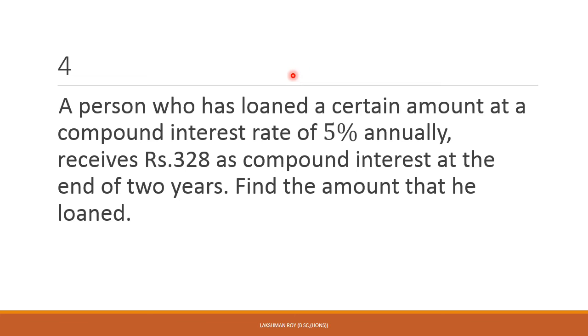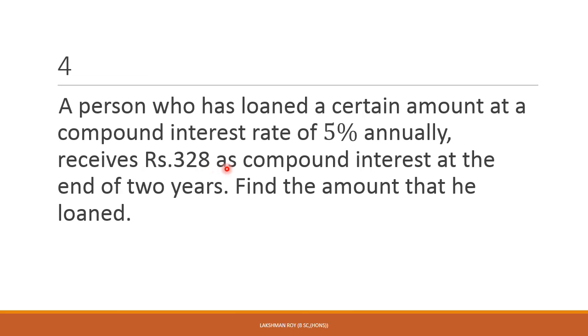Now another question here. A person who has loaned a certain amount at a compound interest rate of 5% annually receives 328 rupees as compound interest.